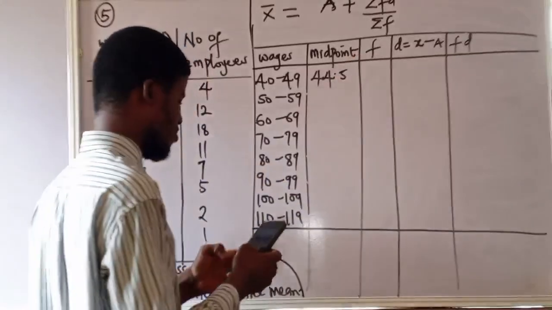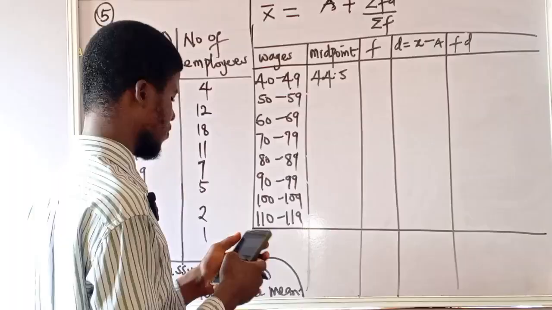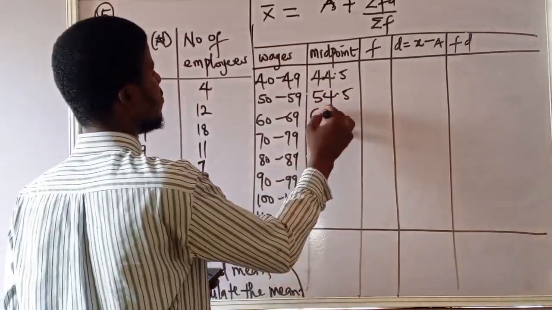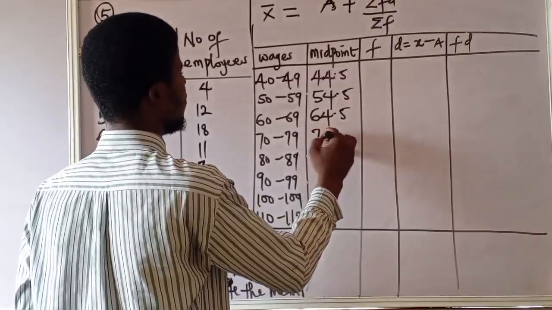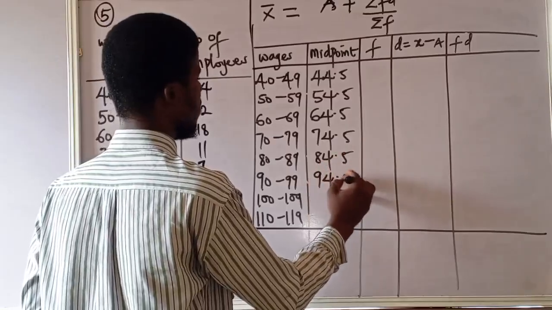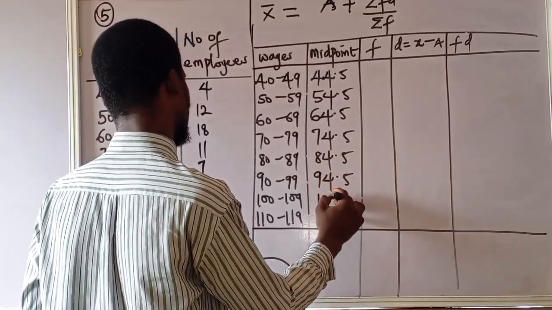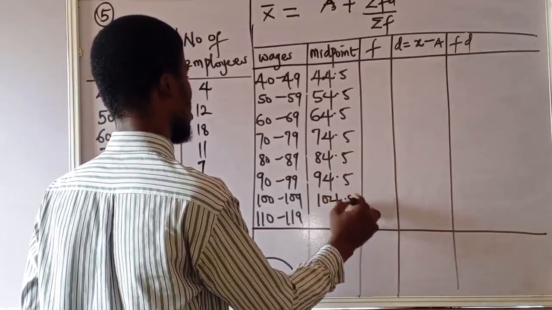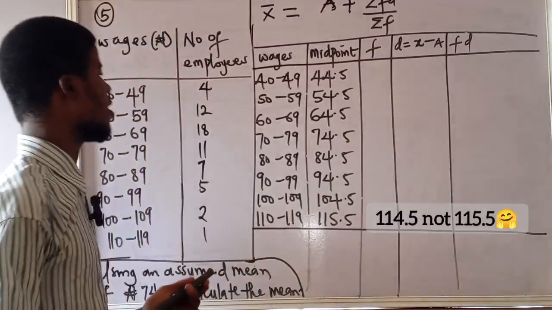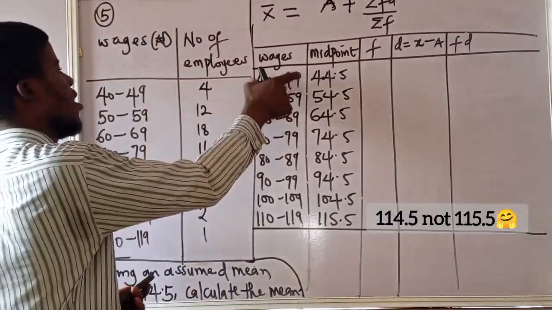The midpoint of 50 and 59 is 54.5. So I can say this one will be 64.5, 74.5, 84.5, 94.5, 104.5. This will be 114.5, right? These are the midpoints of these wages.